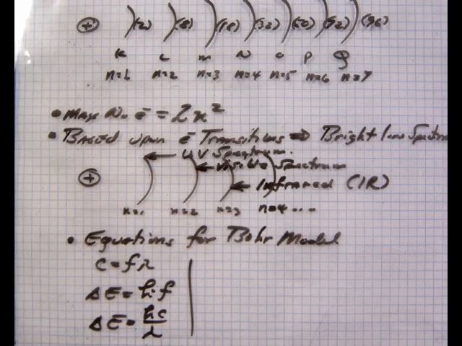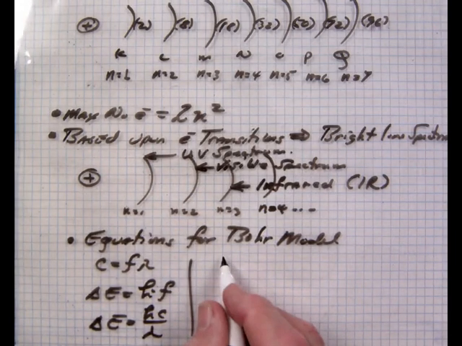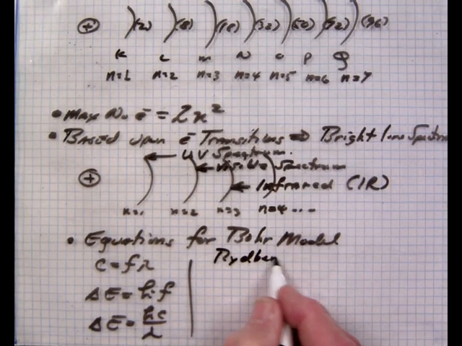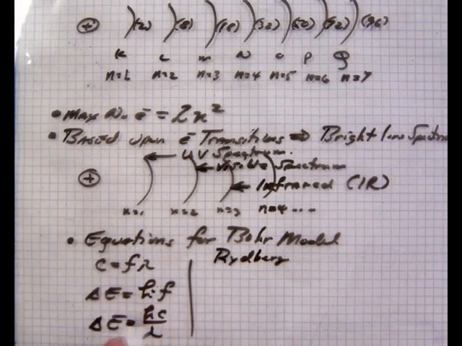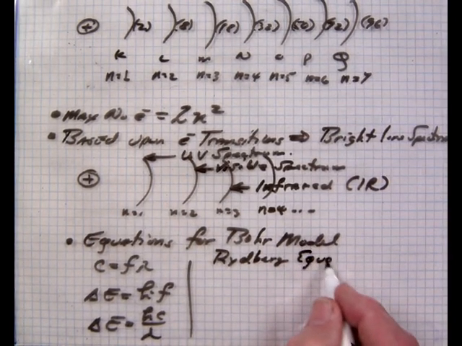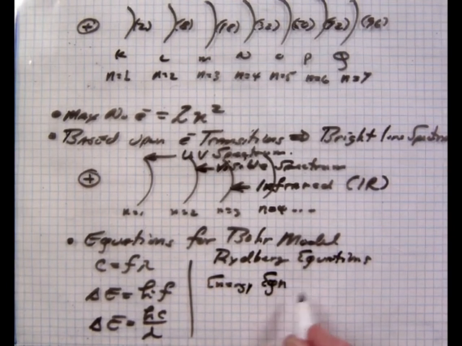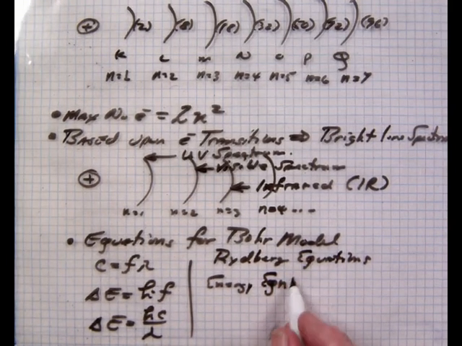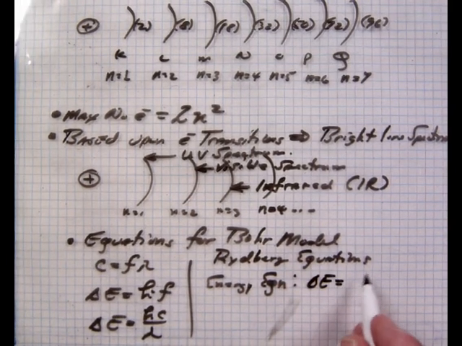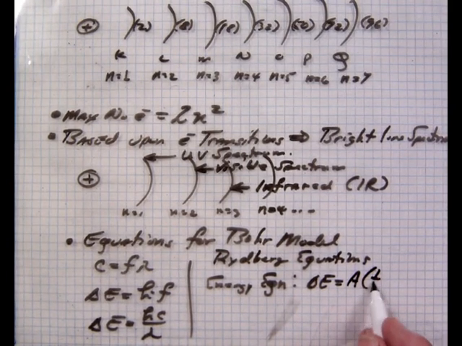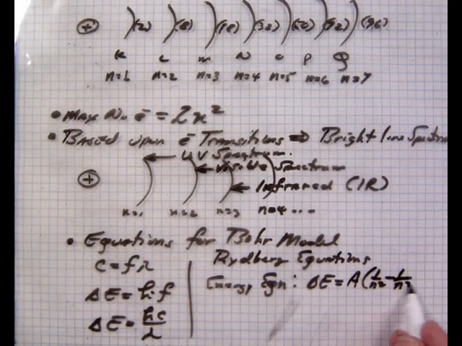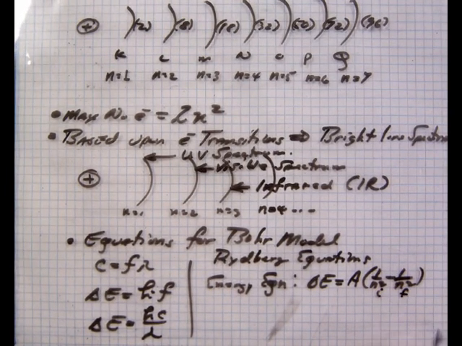But what Bohr and his group did is derive equations independent of this to prove that their idea of electron transitions is correct, and these were the Rydberg equations. Actually, Rydberg came up with the equations, but he applied them to the Bohr model. The energy equation is delta E equals A times 1 over n squared minus 1 over n squared, and put the initial position and final position like that.